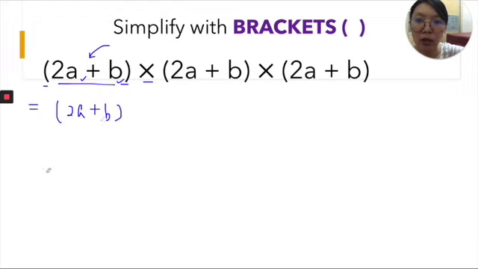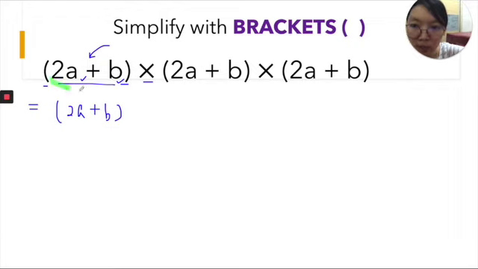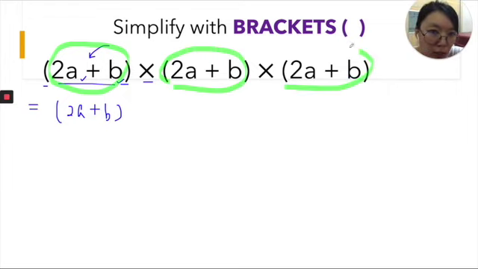Then I check, oh, 2A plus B, bracket is one thing. One thing means I can look at it as one whole thing here. Inside a bracket, times one whole thing, the same, 2A plus B, and 3 times the same.